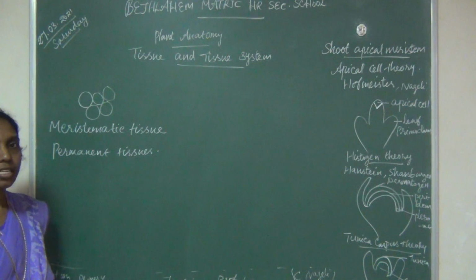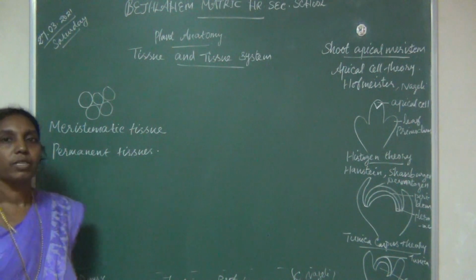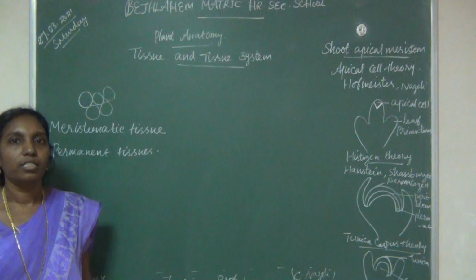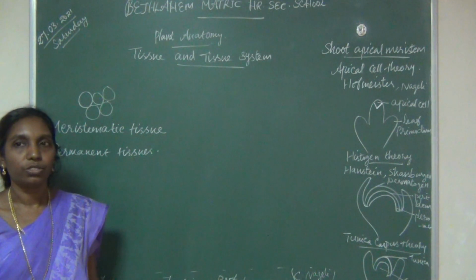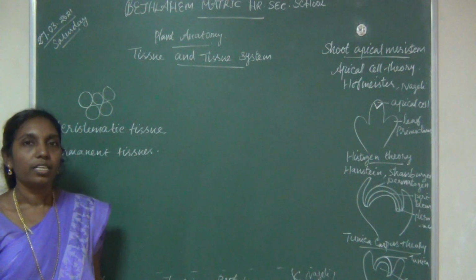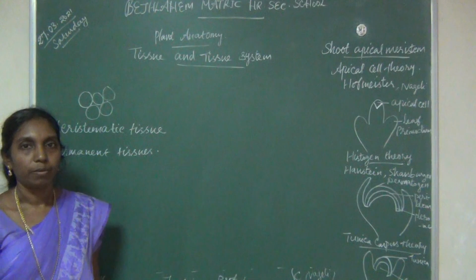There are some characteristic features of meristematic tissue. Actually, the meristematic tissues are the dividing tissues. The peculiar character of meristematic tissues is dividing cells. These cells have the ability to divide.